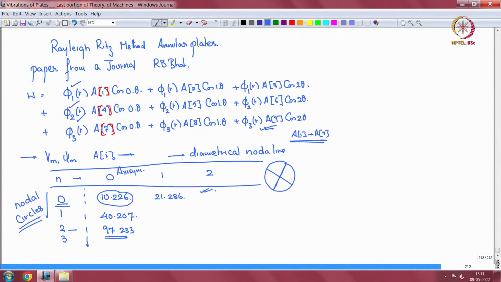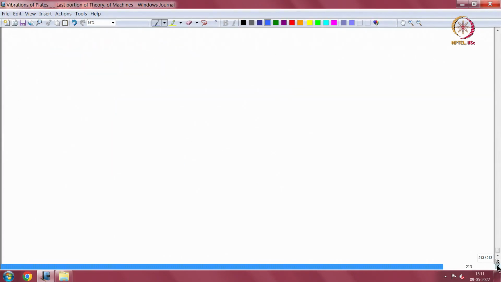Okay. Further, you could do the Rayleigh Ritz on a cylinder. Okay.